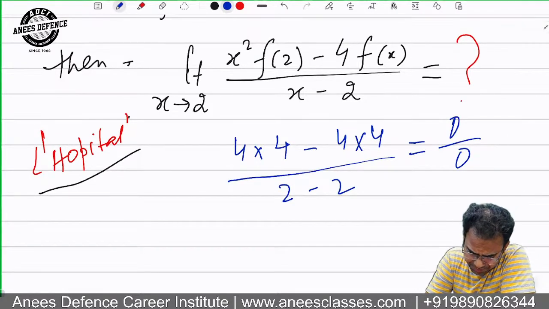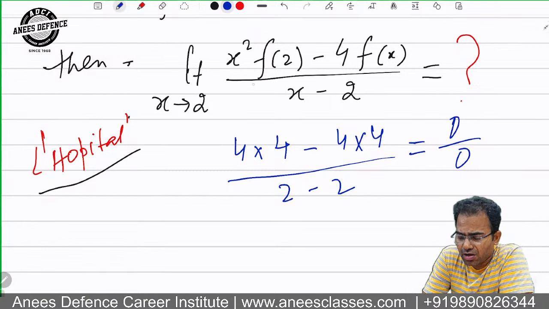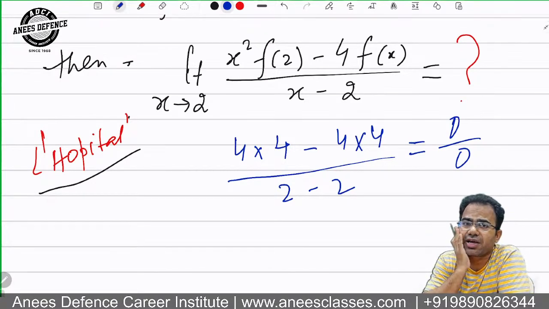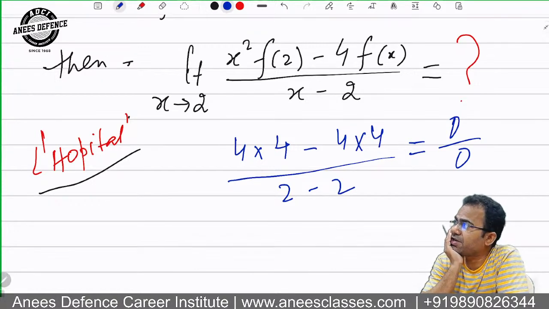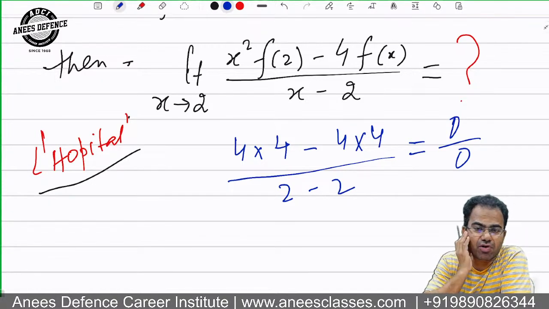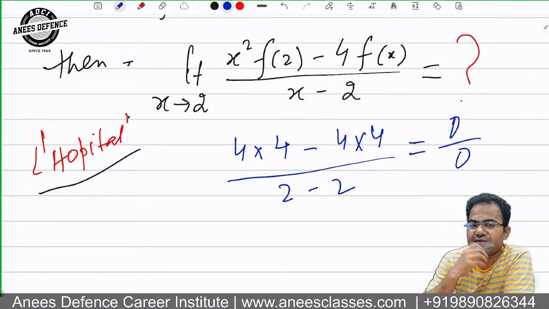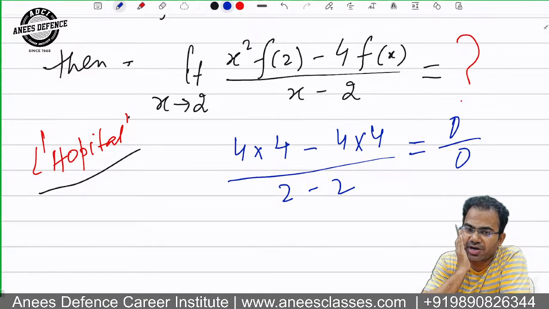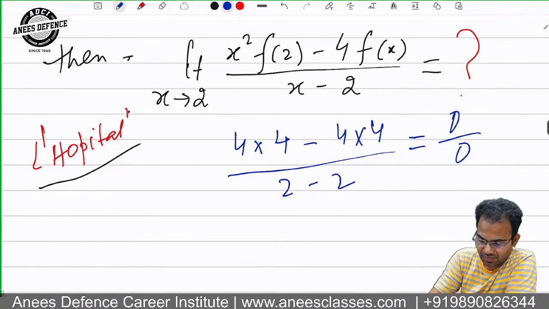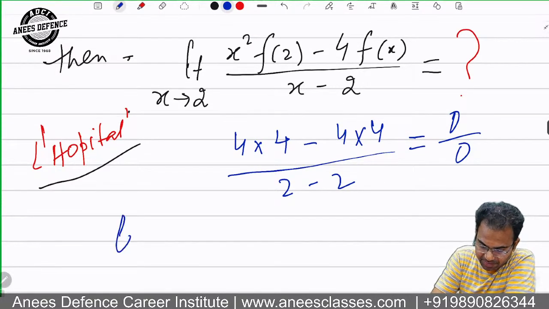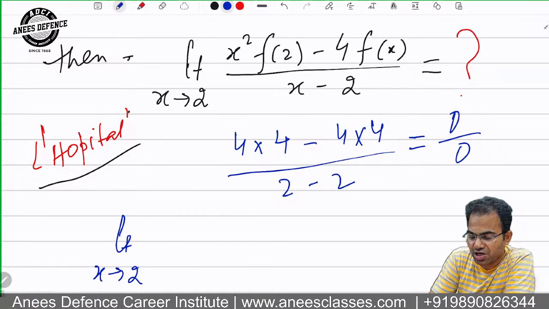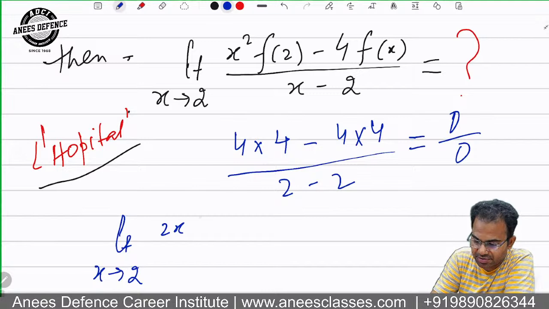In L'Hopital rule, we differentiate numerator separately and denominator separately. That means we will not use UV rule. We'll differentiate numerator separately and denominator separately. So here limit x tends to 2, differentiation of x square is 2x.